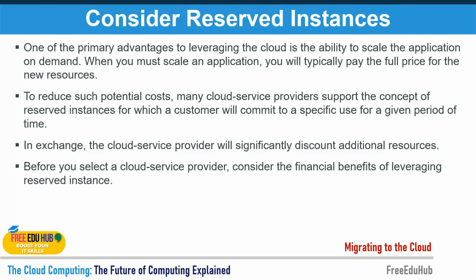So keep in mind that you'll have to pay for the services that you are getting in the cloud. To reduce such potential cost, many of the cloud providers support the concept of reserved instances, for which a customer will commit to a specific use for a given period of time, so that if there is a demand, it can automatically expand, which we call elastic computing.